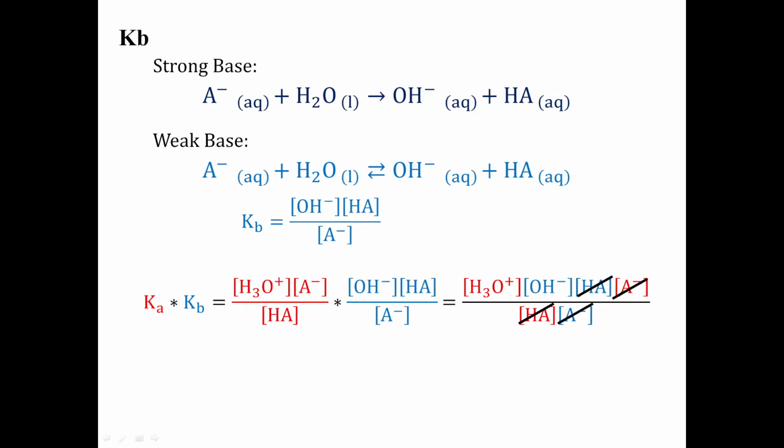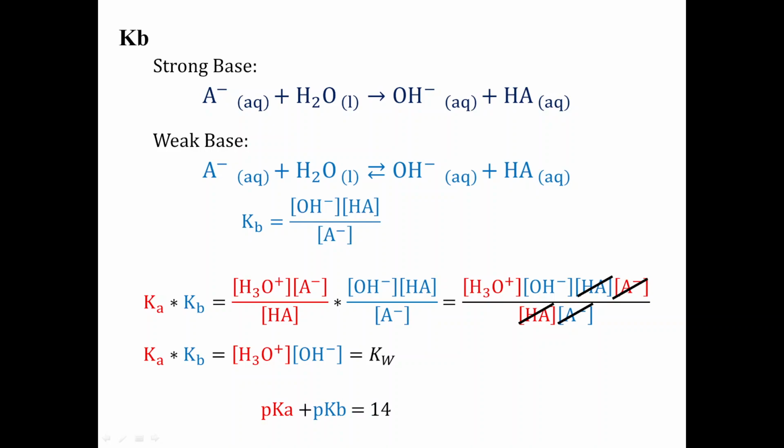We're left with the concentration of H3O plus times the concentration of OH minus, which might look familiar because that's just Kw. So the equilibrium constant of our acid times the equilibrium constant of our base reaction is equal to Kw. So Kb times Ka is Kw.